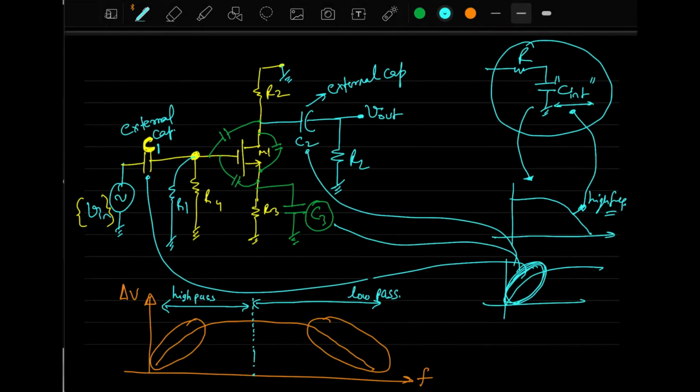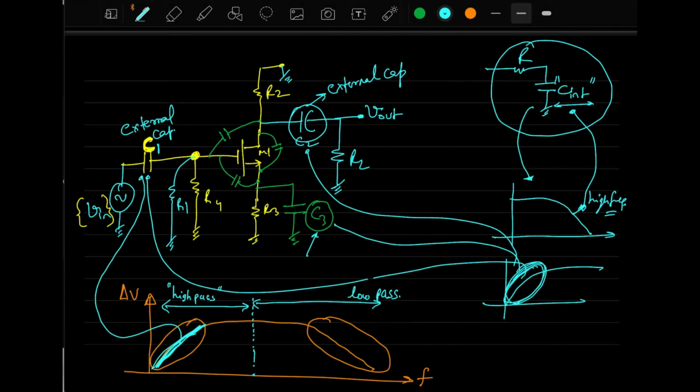The roll off of the voltage gain on this side, because of the high pass characteristic, is coming because of these capacitances C1, C3 and C2.